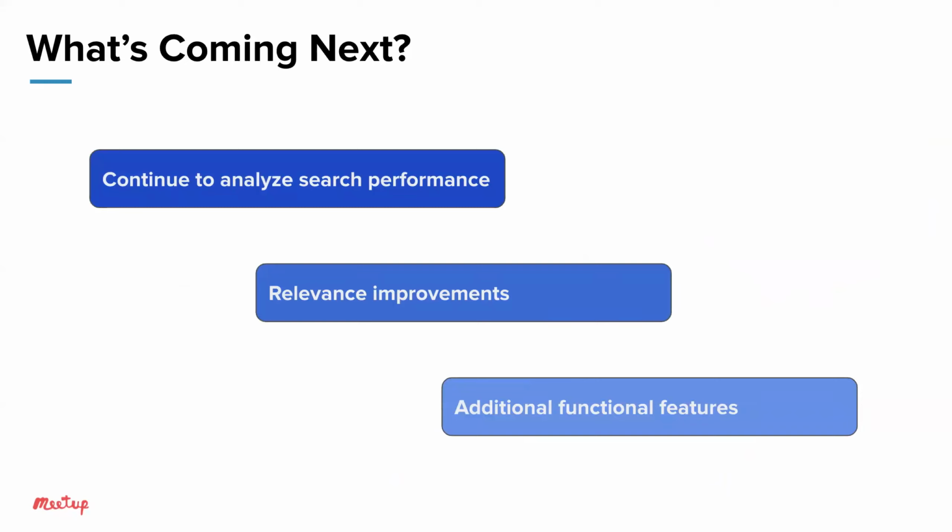So what are we doing next? We will continue to analyze our search performance. And to do this, we're looking at a variety of metrics. We're using some of the more obvious measurements like click-through rates, average amount of search results returned, and the number of empty searches that people are getting on the platform.